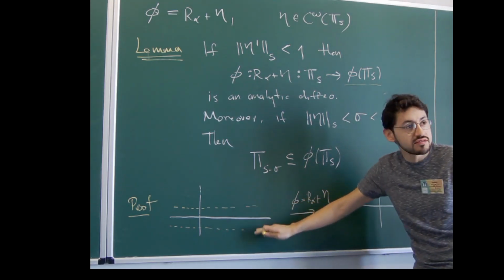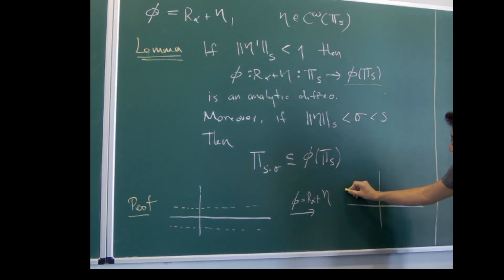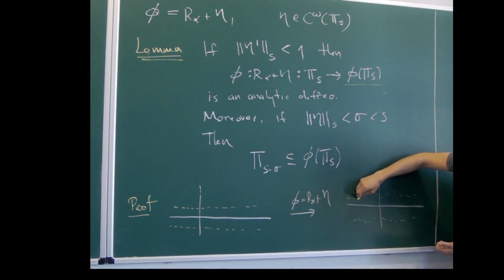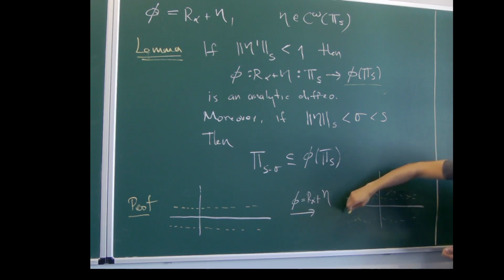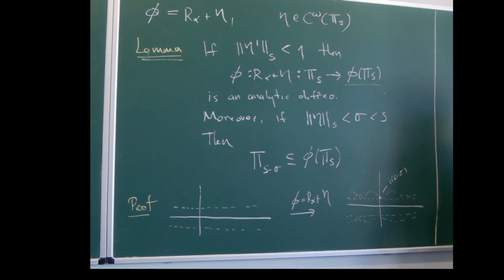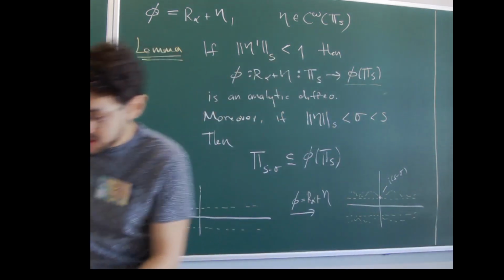And these lines will move at most sigma below or sigma above. So imagining what can happen, I will have something like this, but I can really put some real complex strip here. And here this point will be i(S minus sigma). Okay? Is this clear for everyone? The statement I'm going to make now is completely clear.